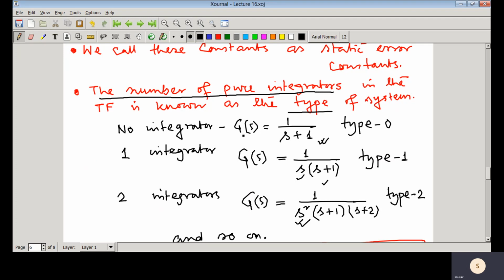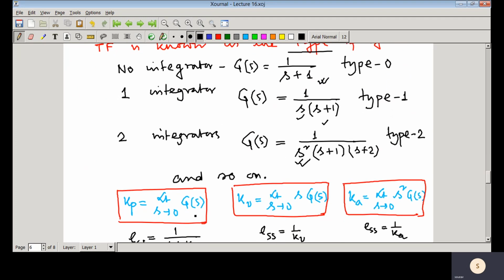and if you take the limit, so what is Kp? So Kp you can see here, that is limit s tends to 0 of G(s). So if you have a G(s) like this, that means this Kp would be in this case 1, or if you have say G(s) equal to suppose 1 by (s plus 2), then limit s tends to 0 of G(s) would be equal to half.